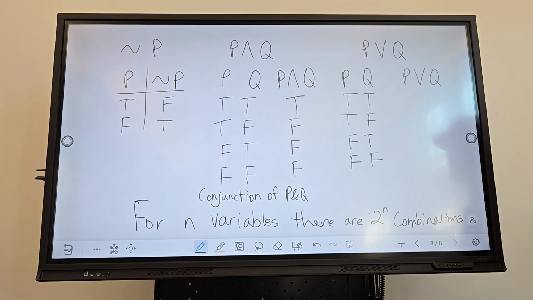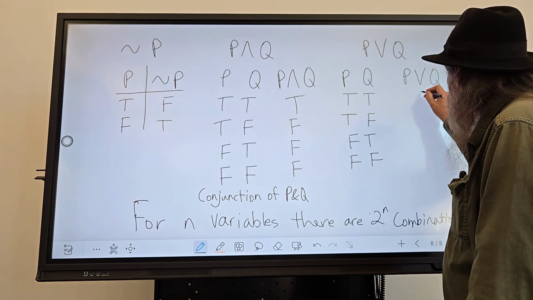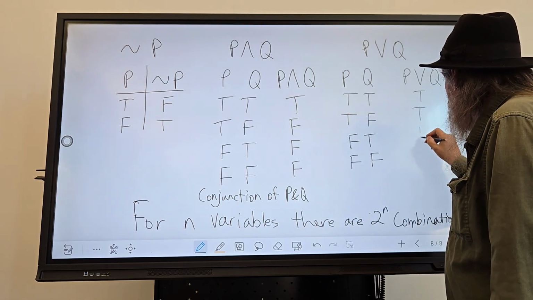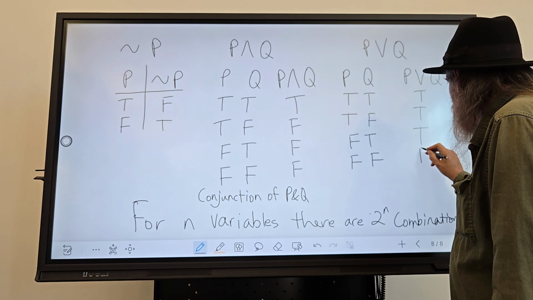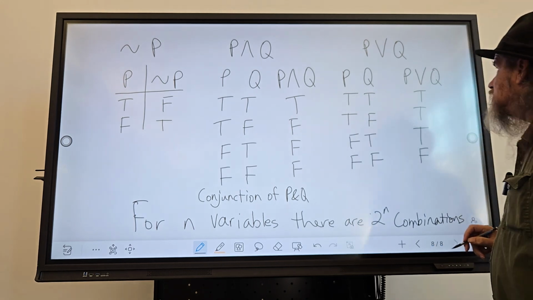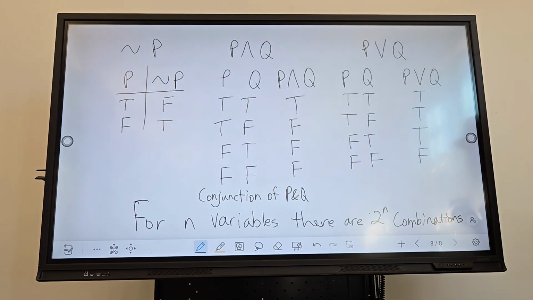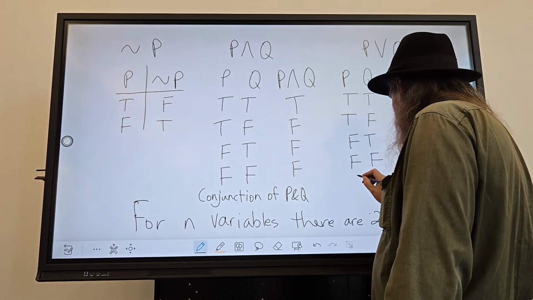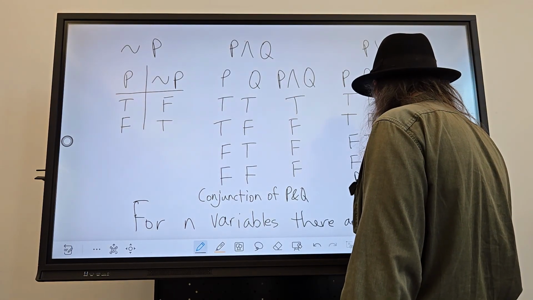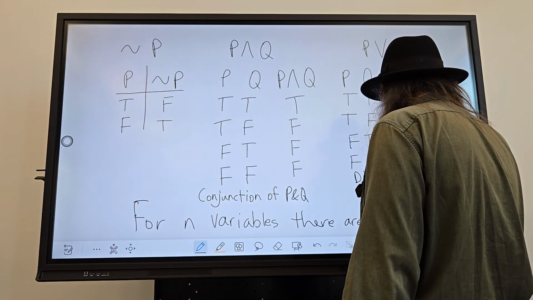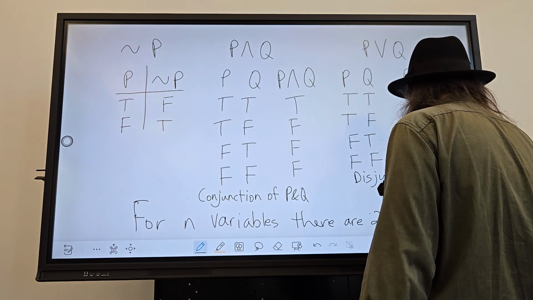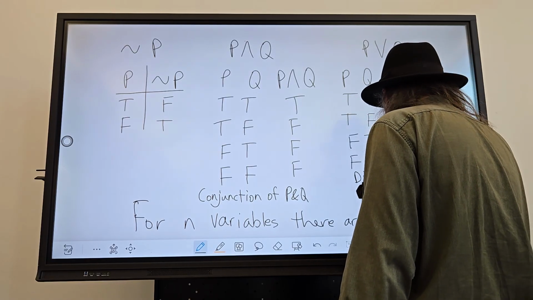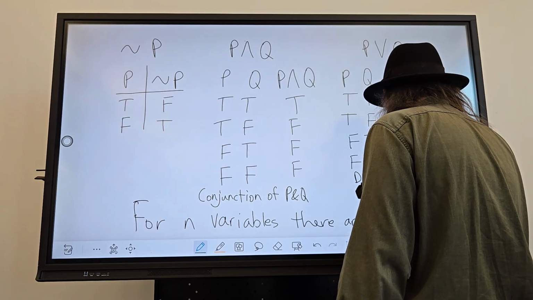Yep, all true except for the last one, because if either one or the other is true, then the disjunction of P and Q is true.